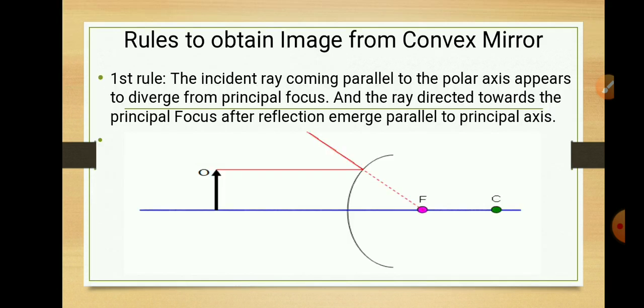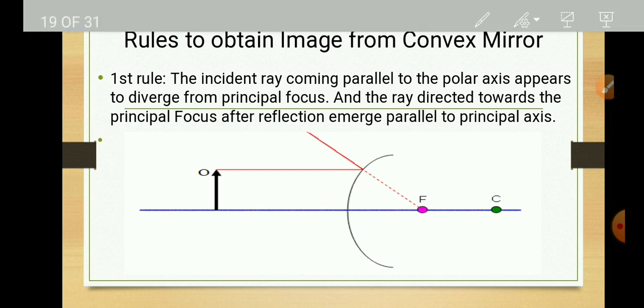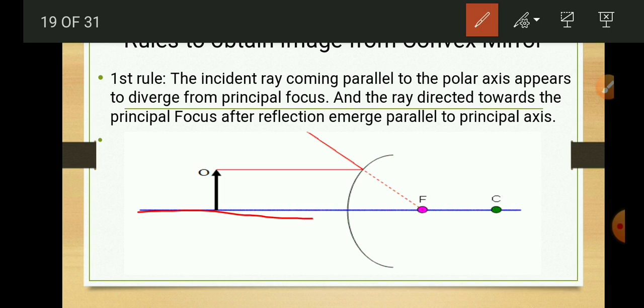Next are the rules to obtain an image from a convex mirror. In case of a convex mirror, an incident ray coming parallel to the principal axis appears to diverge from the principal focus. See, this is the principal axis and this is the incident ray which is coming parallel to the principal axis. After reflection from the convex mirror, it appears to diverge from the principal focus.